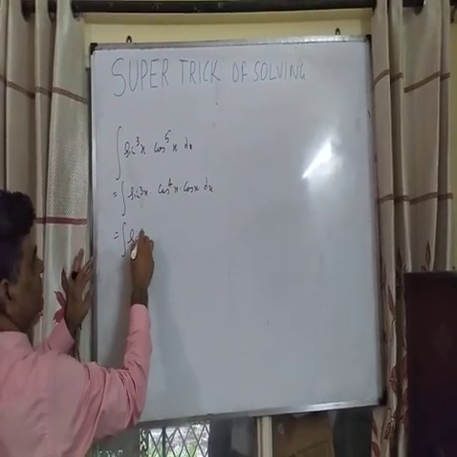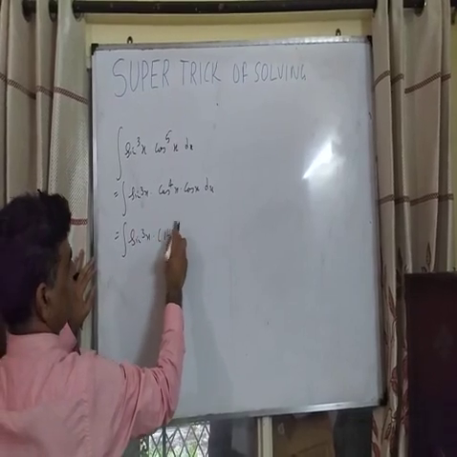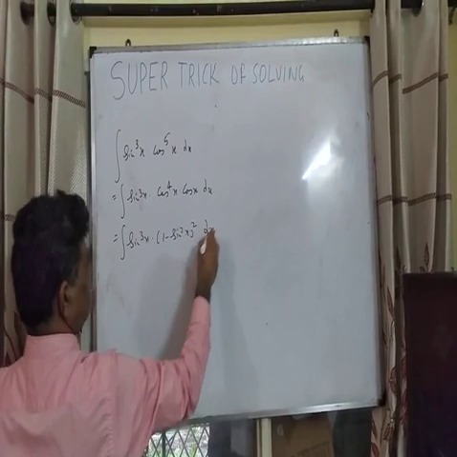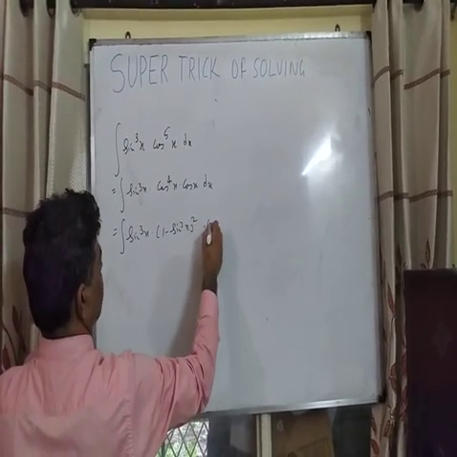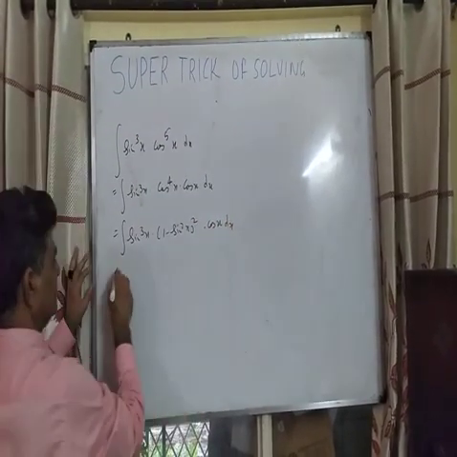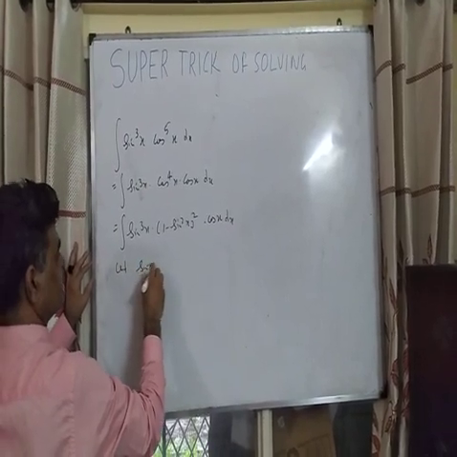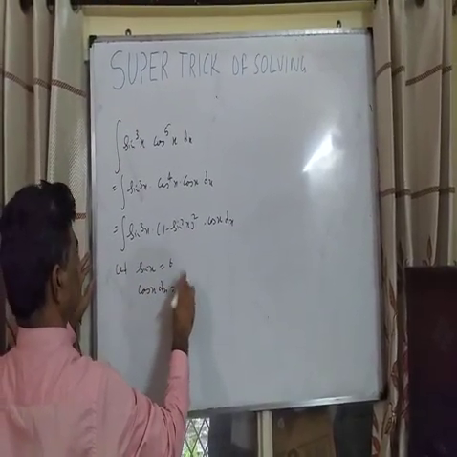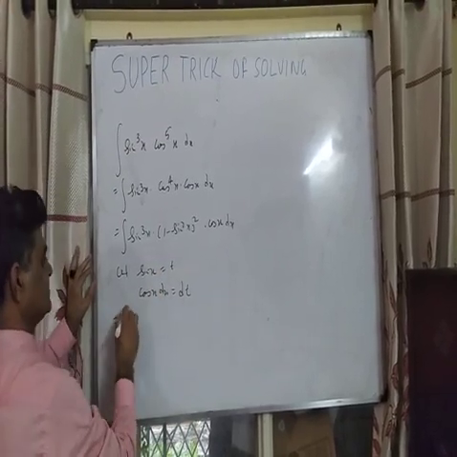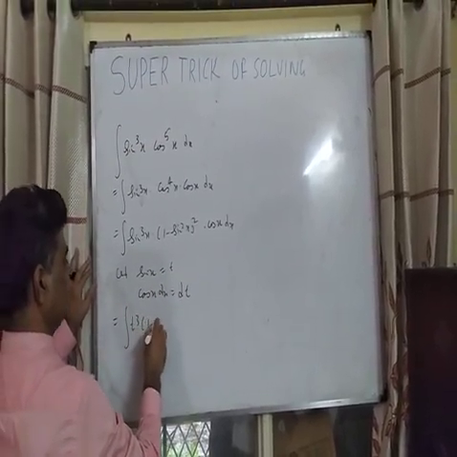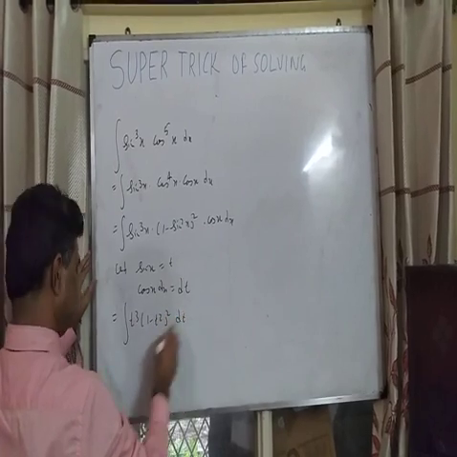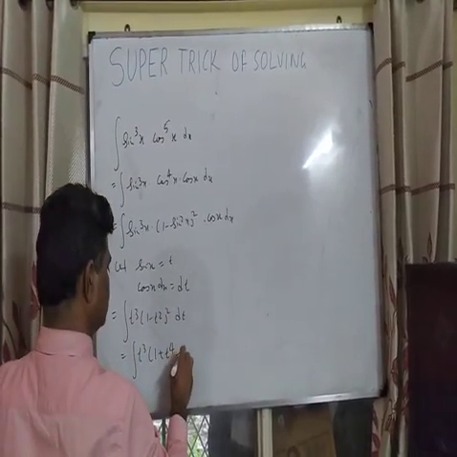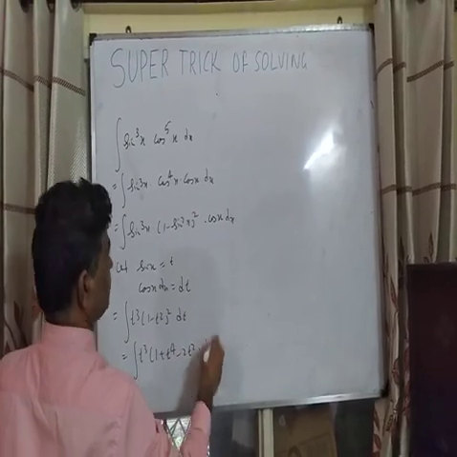So sin to the power 3x times 1 minus sin square x whole square into cos x dx. Now let sin x be t. So cos x dx equals dt. This integration will become t cube times 1 minus t square whole square dt. So this is t cube times 1 plus t to the power 4 minus 2t square dt.